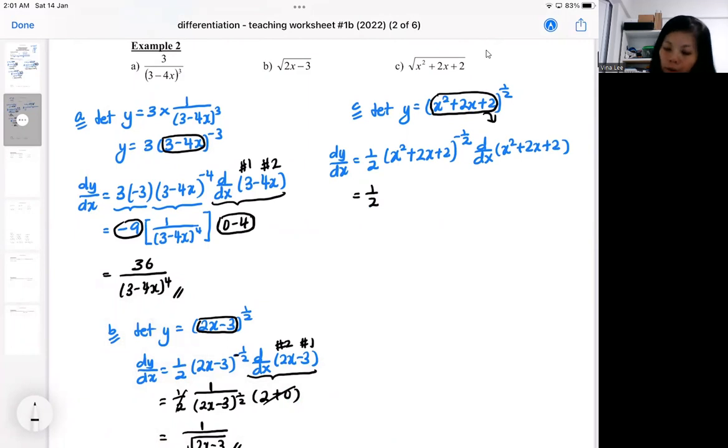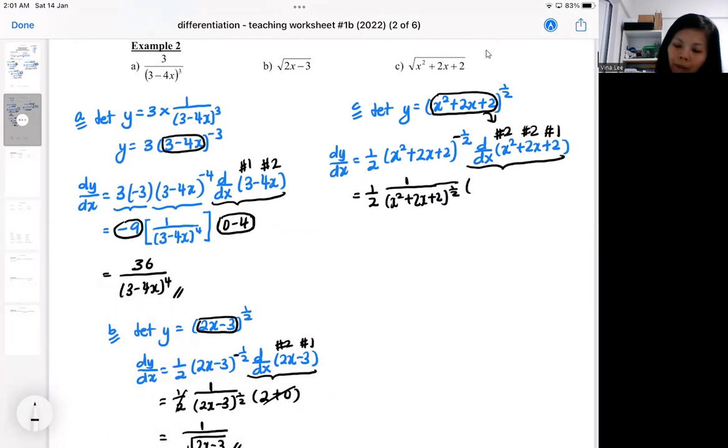So again, there I got a negative power, make it back to the fraction. So this third step involves you using rule number 2 and rule number 1. So bracket it up. So differentiate x squared, 2x.